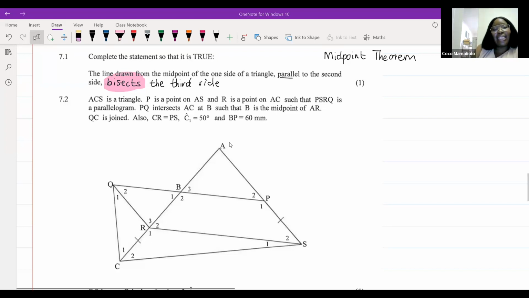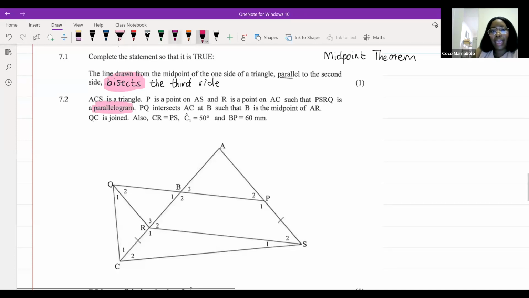All right, it says here, ACS is a triangle. P is a point on AS. And R is a point on AC such that PSRQ is a parallelogram, another parallelogram. Let's go map out our parallelogram.